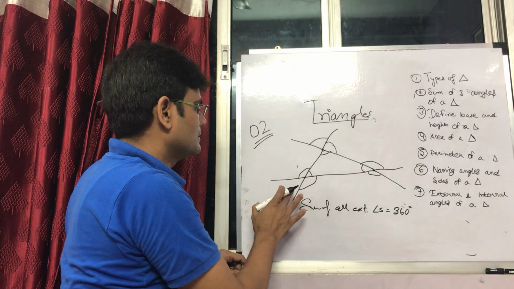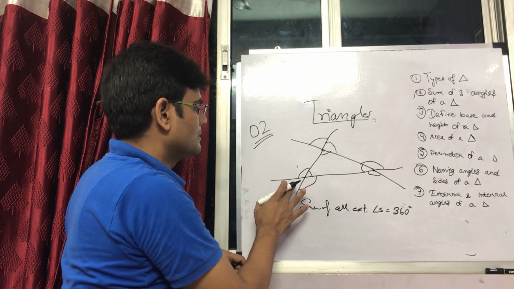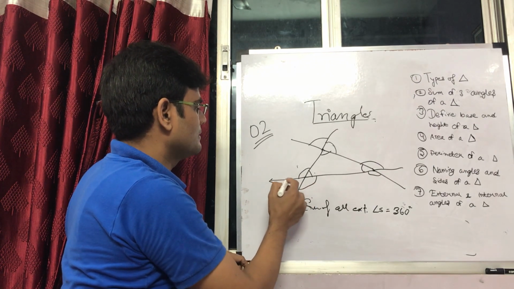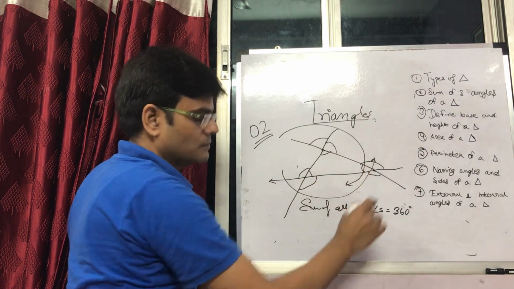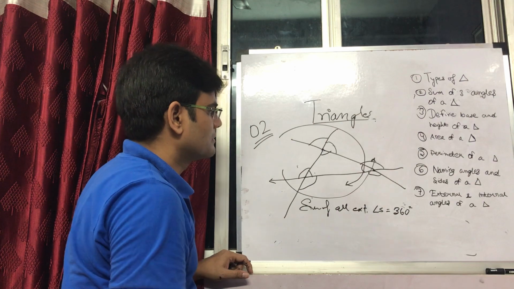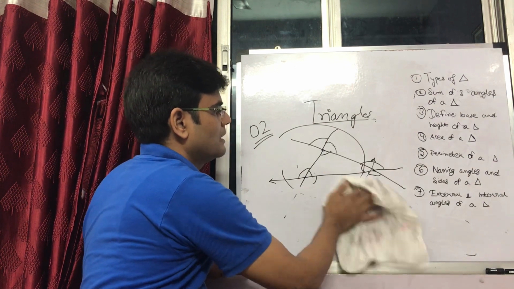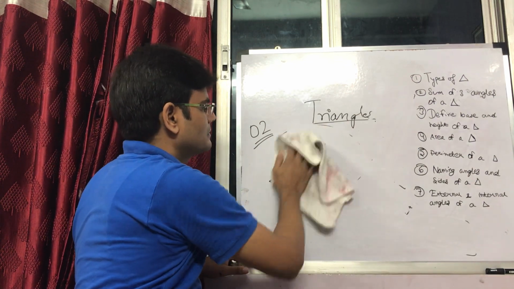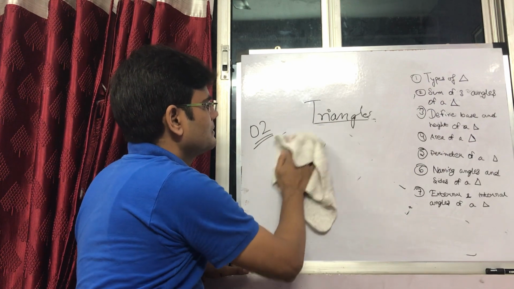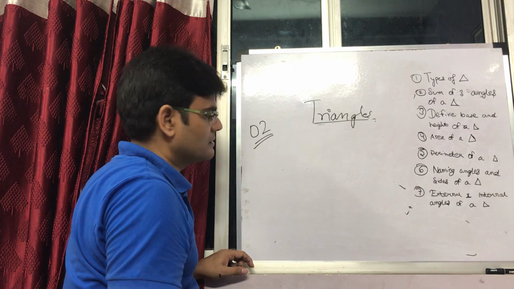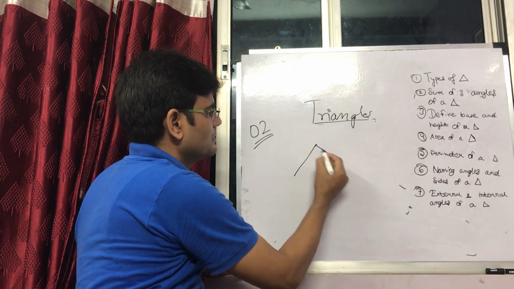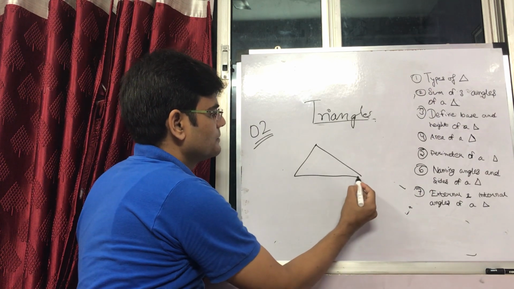See, there is another point. If you have started, either you go clockwise or you go anti-clockwise. What do I mean by that? I'll explain. External angles can be drawn on either side, but it's not your freedom.